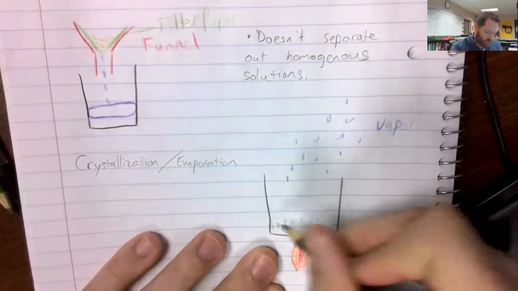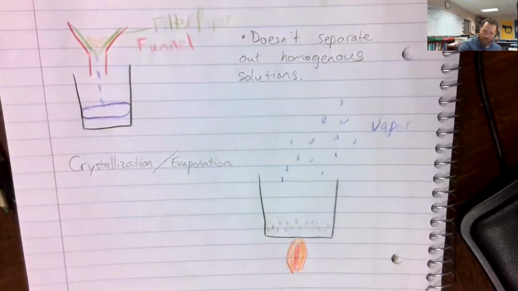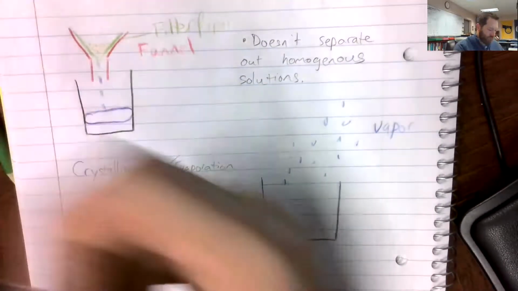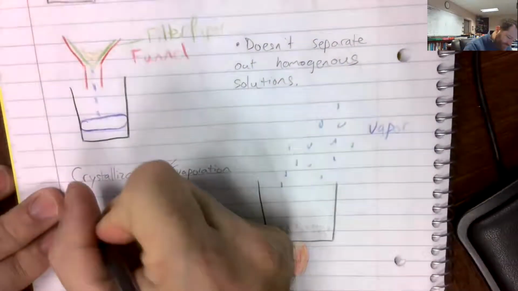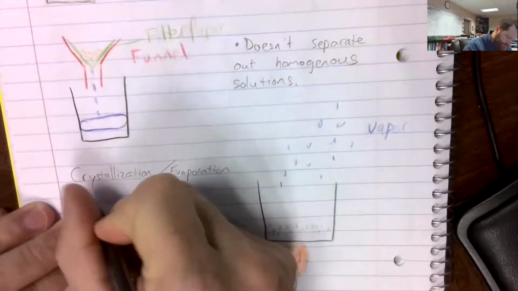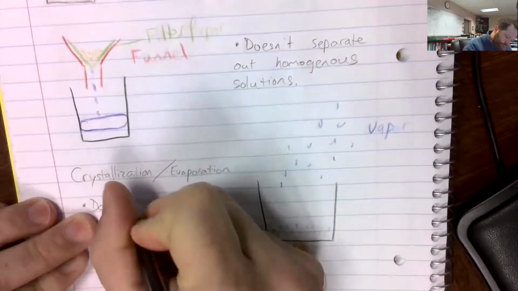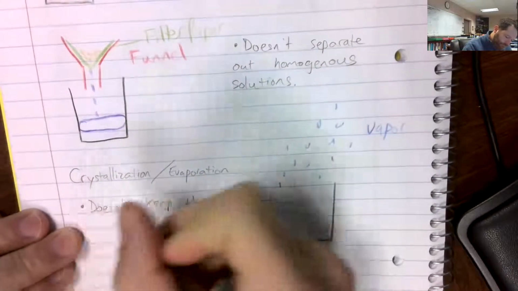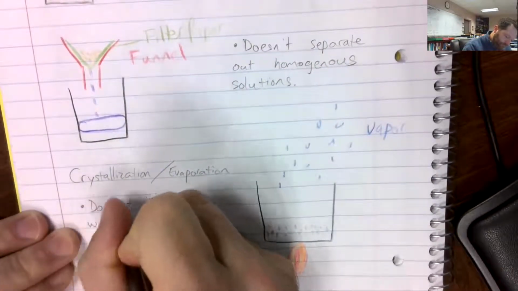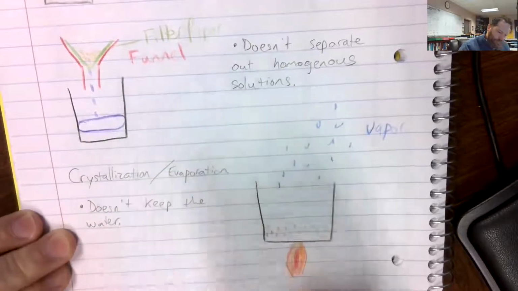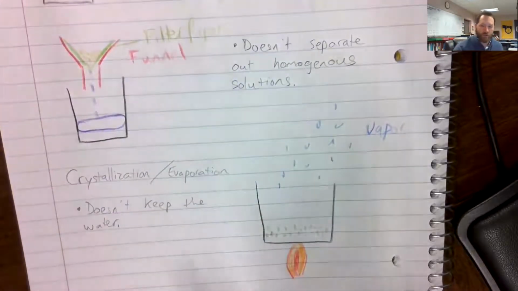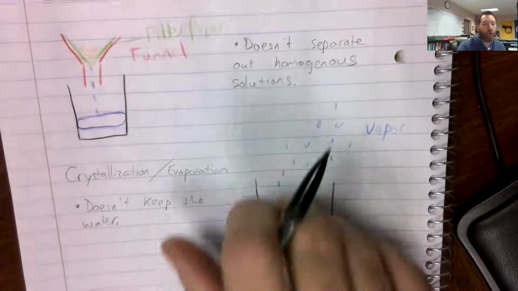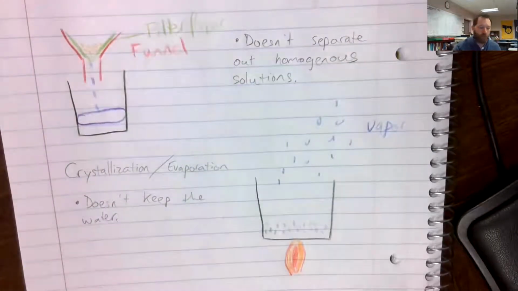So our salt is going to recrystallize down here, and we're left with just salt. The problem is this doesn't keep the water. So this is good if you just want to keep the salt, but the water is going to fly away.